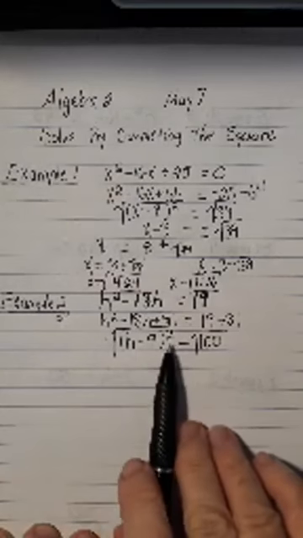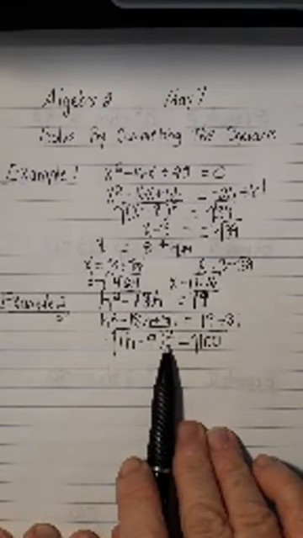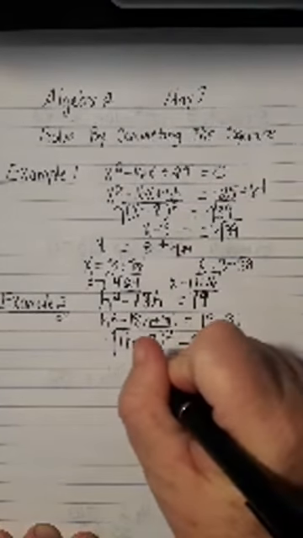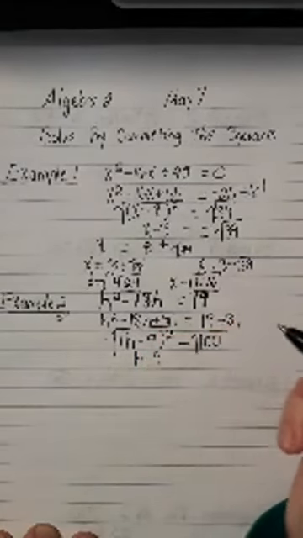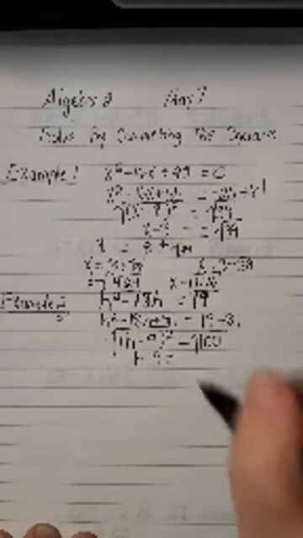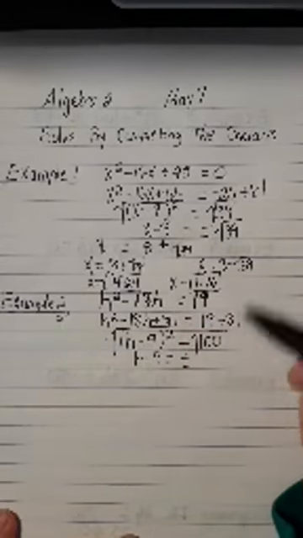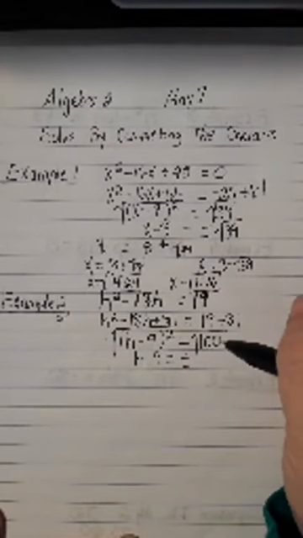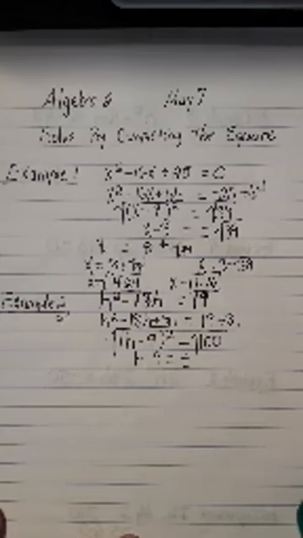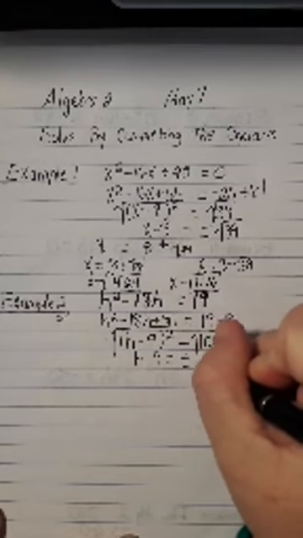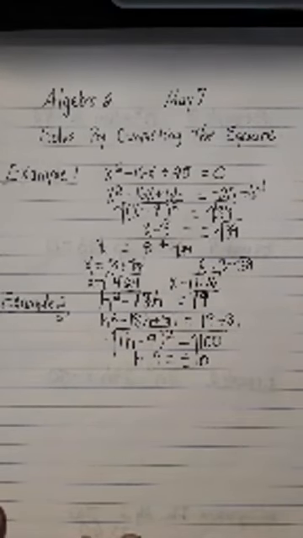The square root cancels with that 2, and you're just left with the h minus 9 that's in the parentheses. Remember, when you're solving with a square root, you always put plus or minus. Now this one, we can take the square root of 100 because that's a perfect square. What is the square root of 100? It's 10. So you put plus or minus 10. You don't have a square root left.